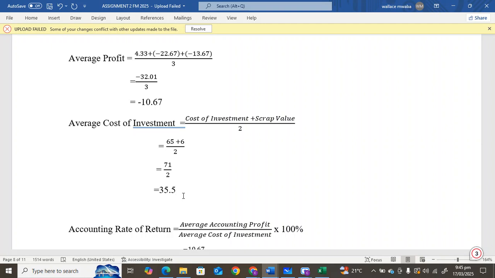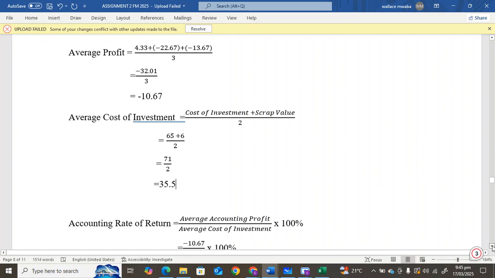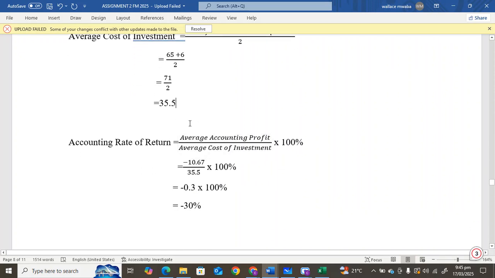After you get your average cost of investment, now we can get our accounting return. Average accounting profit divided by average cost of investment times 100%. Negative 10.67 divided by 35.5, you get negative 0.3.